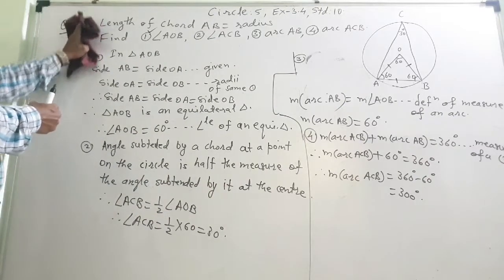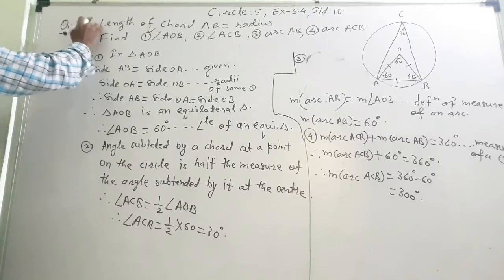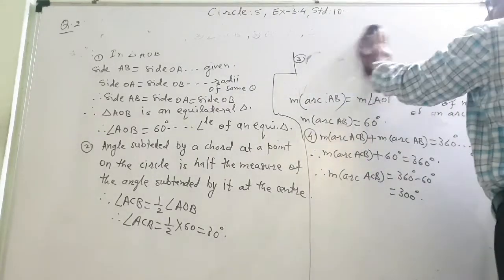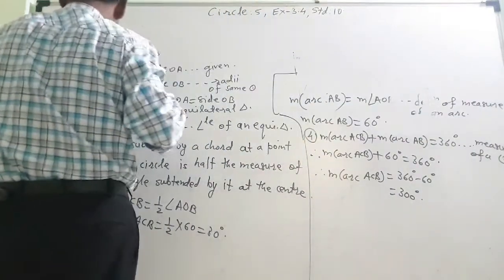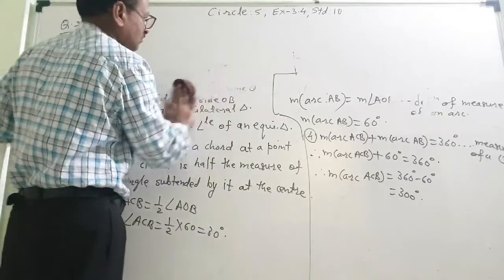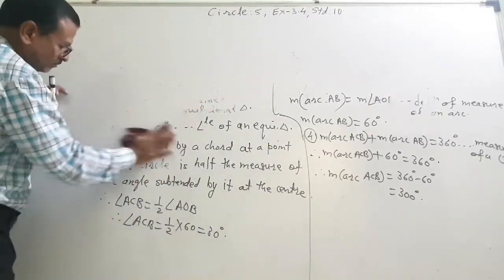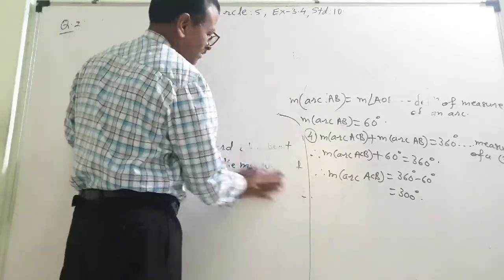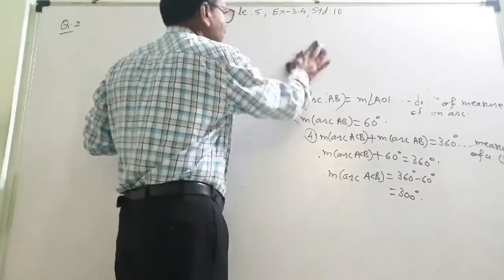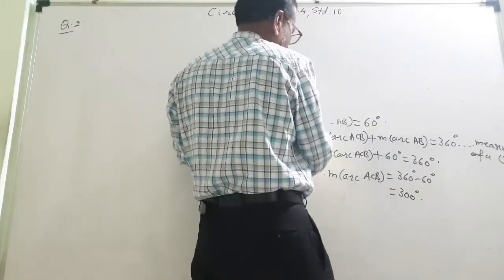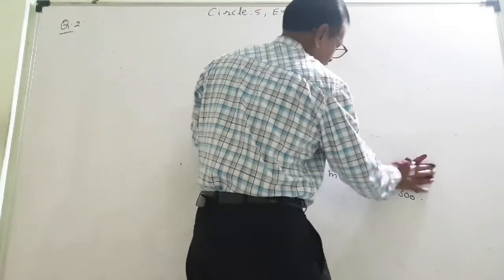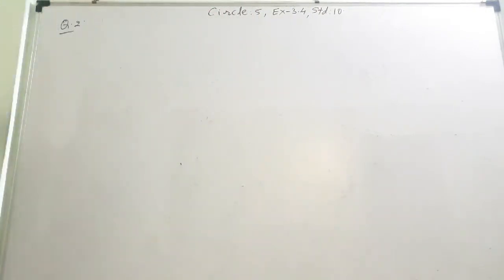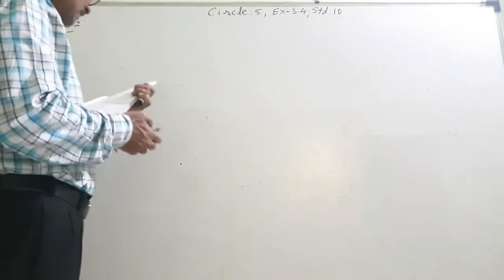So now I am rubbing this and I will proceed to question number 2. In question number 2, quadrilateral PQRS is a cyclic quadrilateral.